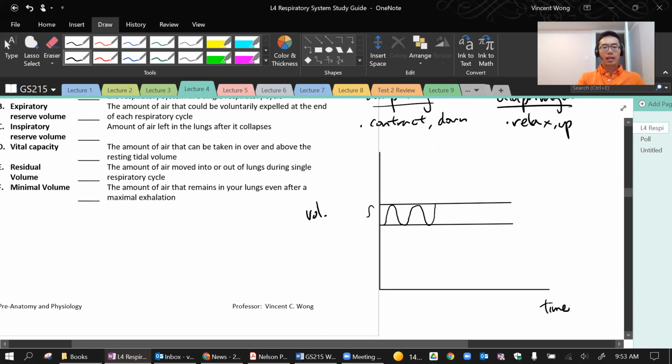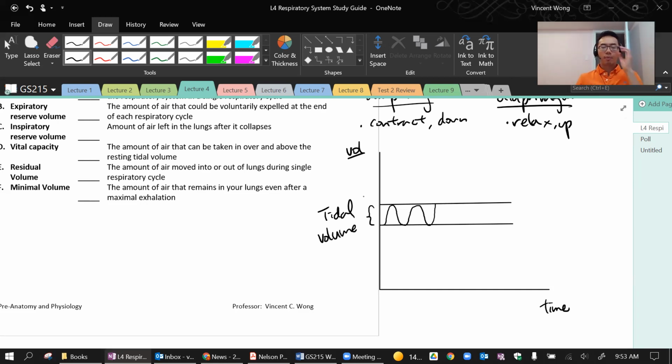That change in volume is what we call tidal volume. That's just the regular amount of air that goes in and out when you're not doing anything special. Now, let's do this together. After your normal breath in, let's breathe in as much air as you can. 1, 2, 3, all the way until you can't breathe in anymore.